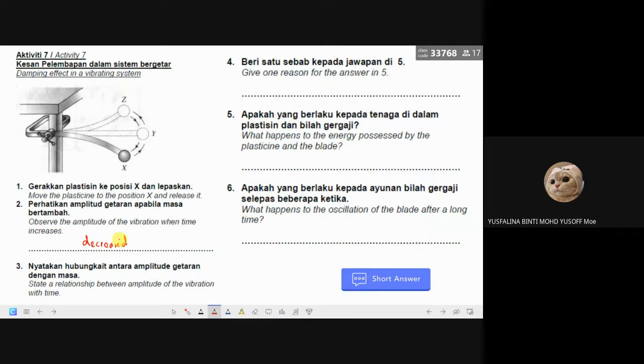Then it asks you to state a relationship between the amplitude of the vibration and time. So when the time increases, the longer time means the amplitude also decreases. When the time increases, the amplitude decreases.